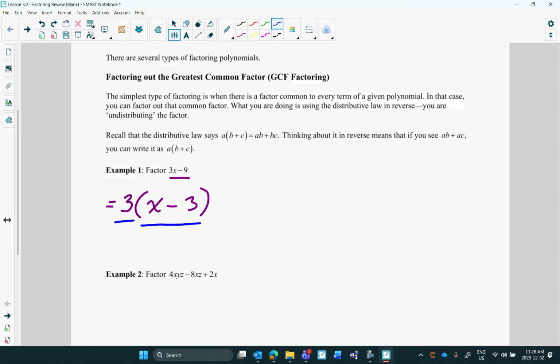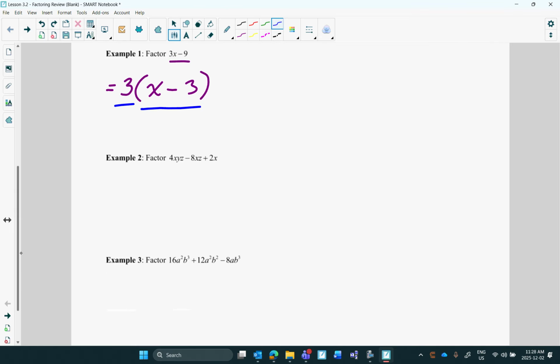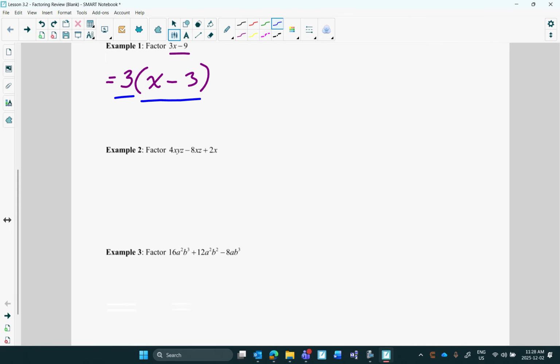That's it. I've added a couple other examples, but we're not really going to see too much of this complicated stuff with GCF factoring. From this point on, you're going to see pretty easy GCF factoring, almost like this. Okay? But it doesn't hurt just to refresh our memory.